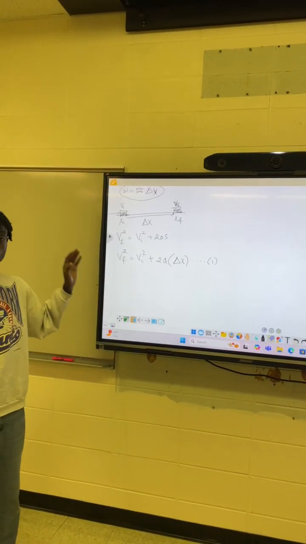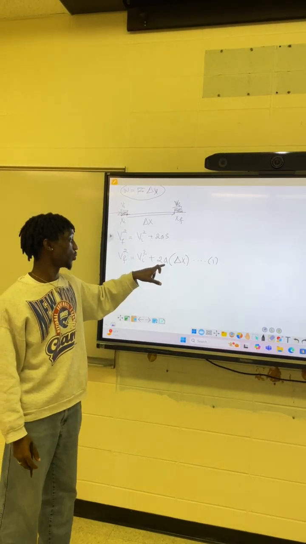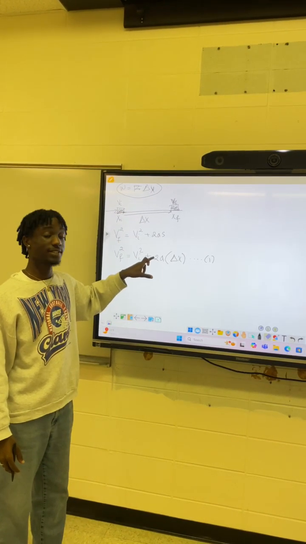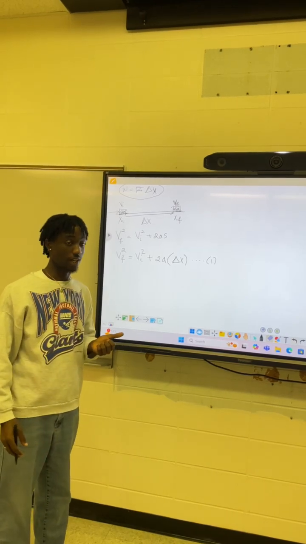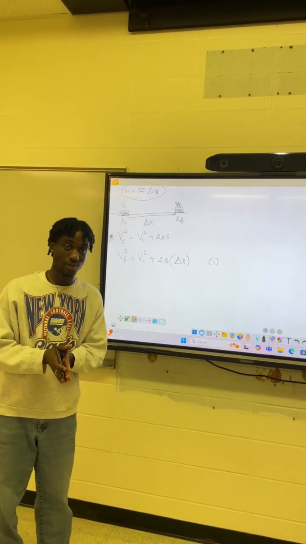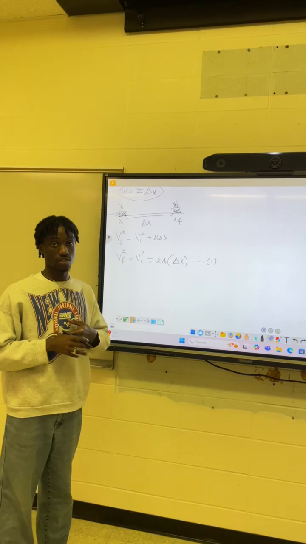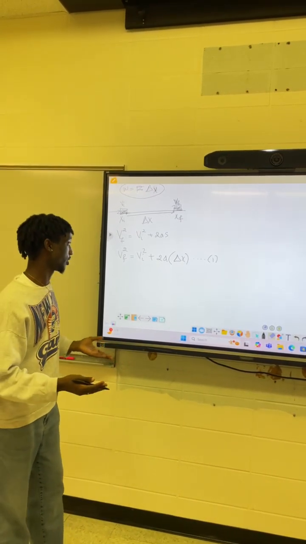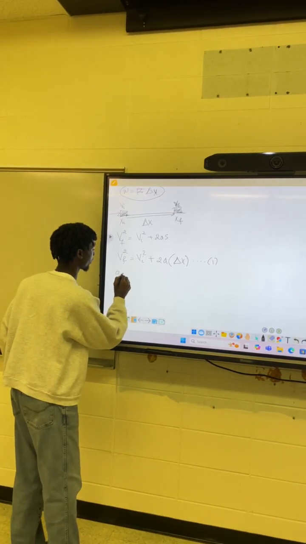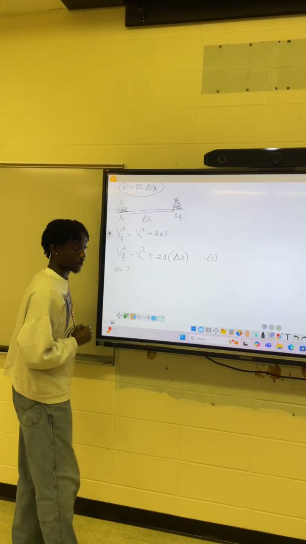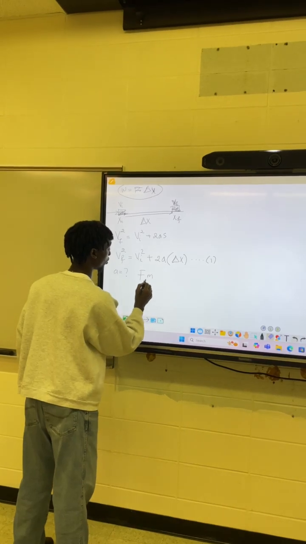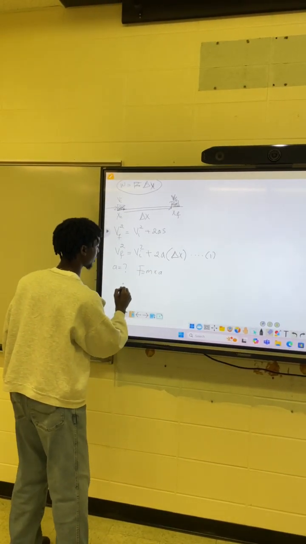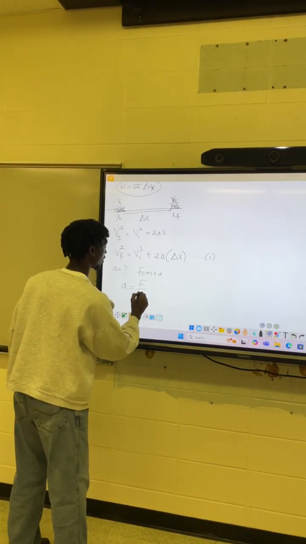As we are trying to find the work done on this object, we can replace acceleration with force. How are we going to do that? According to Newton's second law of motion, the force on an object is directly proportional to its mass and acceleration. Force is equal to mass times acceleration, so acceleration is equal to force over mass.